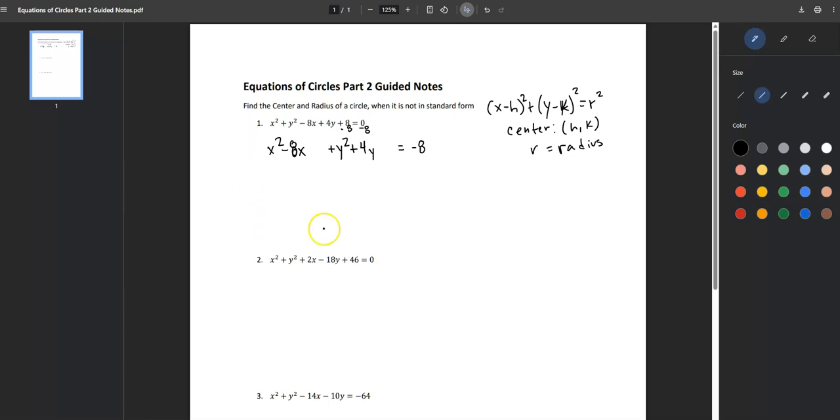Once I've done that, I've got to complete the square for both of these. I'm just going to look at the x's to start with. I'm going to take the term that's with the x, not the x squared, and half it and then square it.